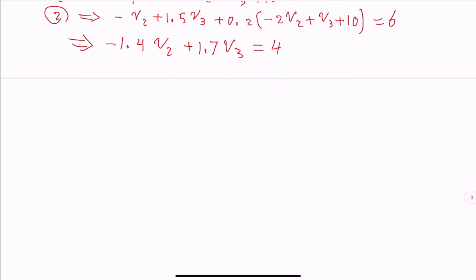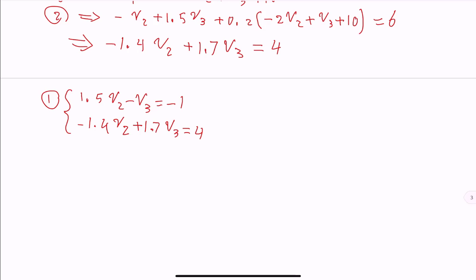Equation 1 is 1.5 V2 minus V3 equal to -1. And the last equation is negative 1.4 V2 plus 1.7 V3 equal to 4.